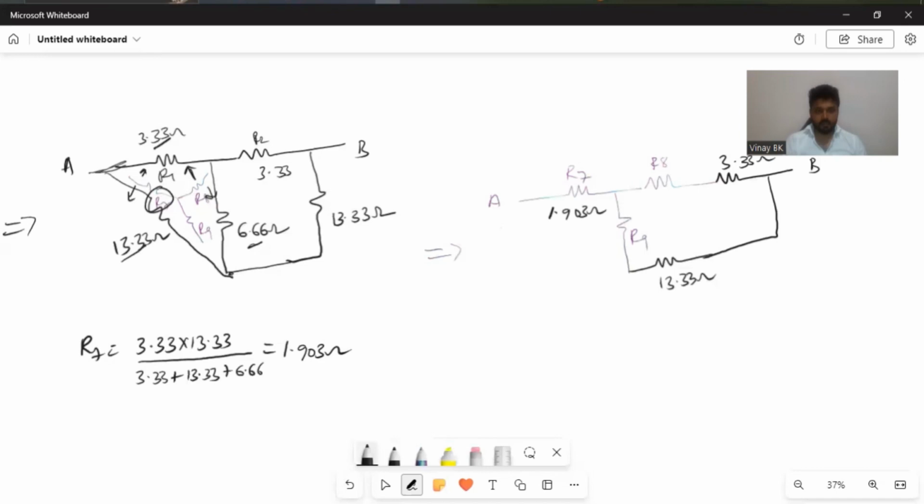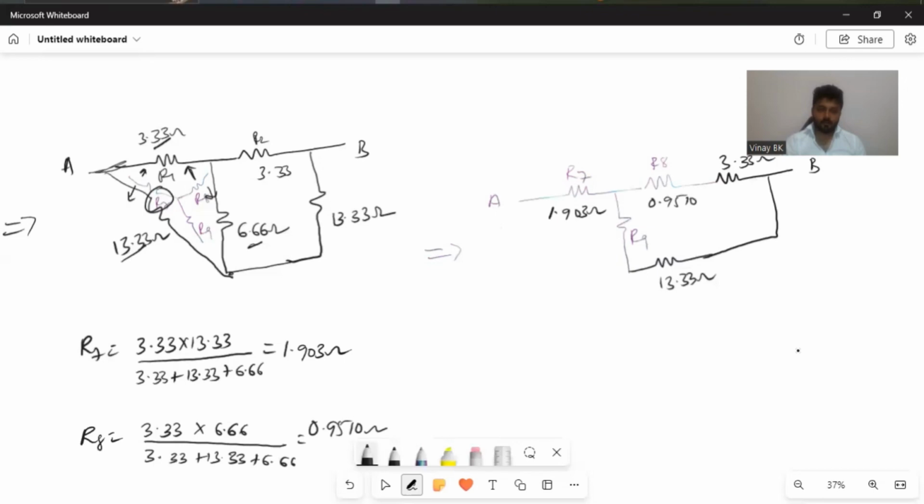So R8 you can get as 3.33 into 6.66 divided by the sum of all the resistors, that is 3.33 plus 13.33 plus 6.66. You get 0.9510 ohms. This R8 is 0.9510.